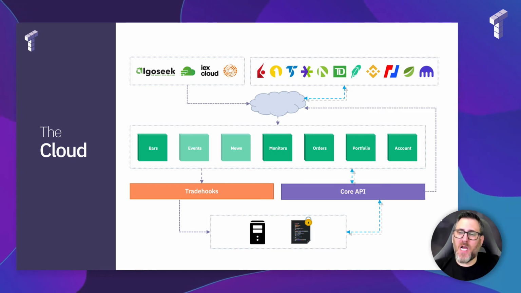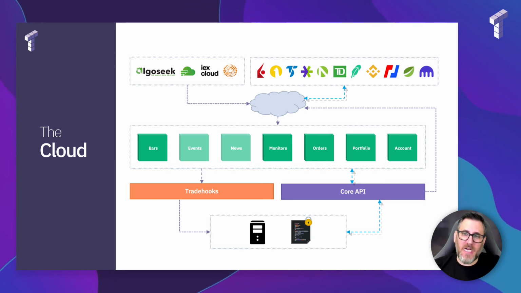And this core API would communicate back either with our information layer, where all the bars, orders, portfolio data is located, if you want historical data, so we don't have to go back to the broker, but if you want more recent information, we're going to communicate back to your broker, like an order or anything like that.